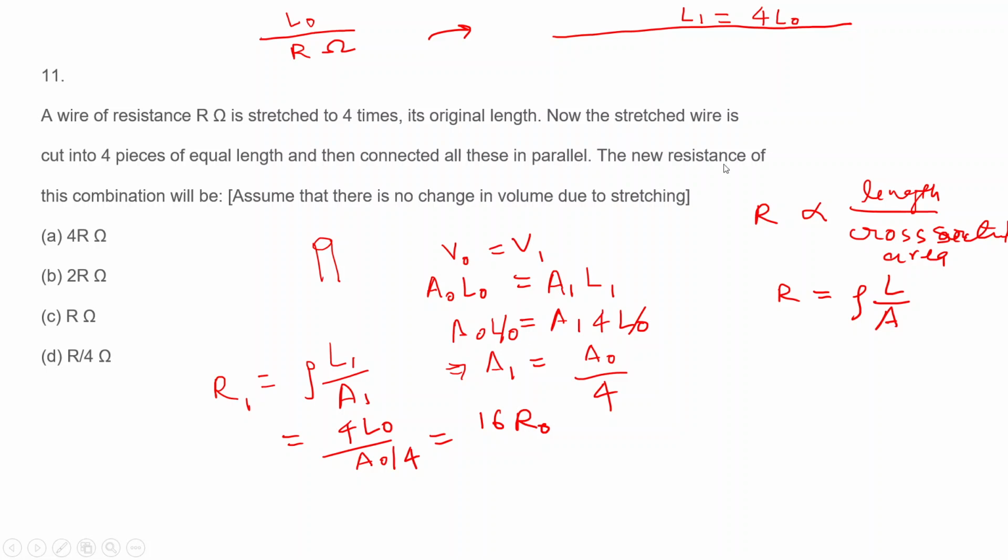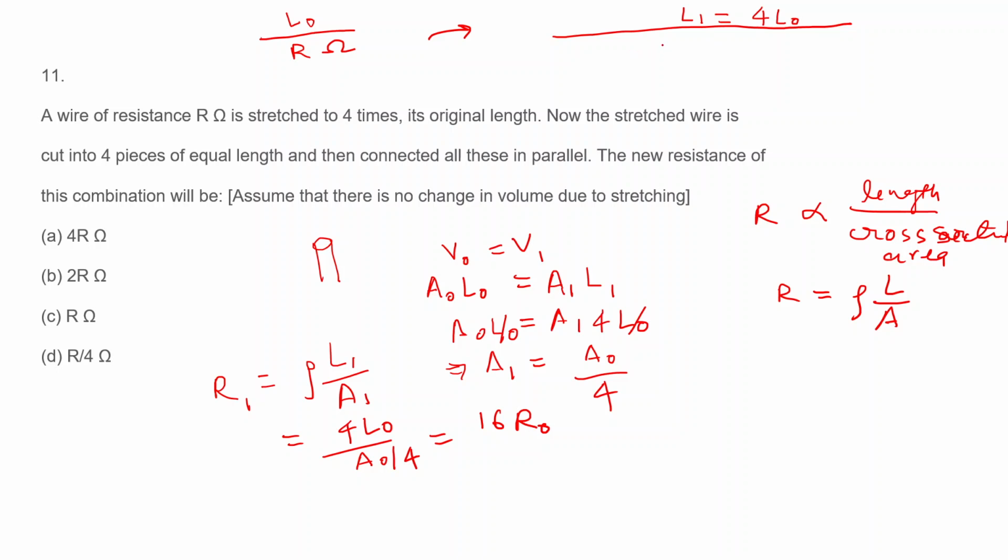The question that we have been asked is the new resistance when this new wire is cut into 4 pieces of equal length and connected in parallel. So this whole stretched wire is cut into 4 equal pieces, and this whole wire's resistance is 16R.